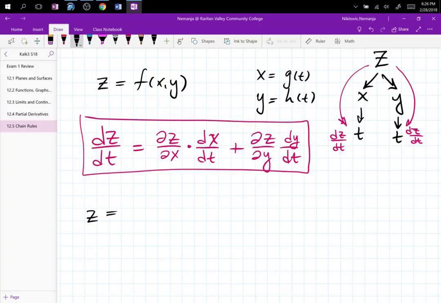I'm going to keep the number of variables x and y at 2, but I'm going to increase the number of parameters that they depend on. So I'll make the dependence on t and s.